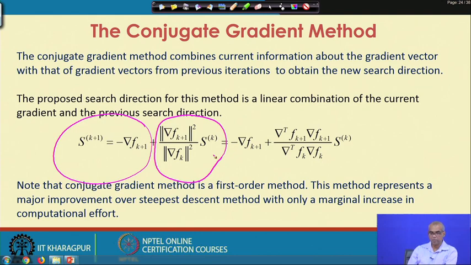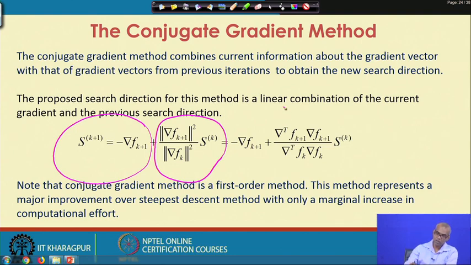Note that the conjugate gradient method is a first order method. We are still using first order information, only first partial derivatives are involved. This method represents a major improvement over the steepest descent method with only a marginal increase in the computational effort.